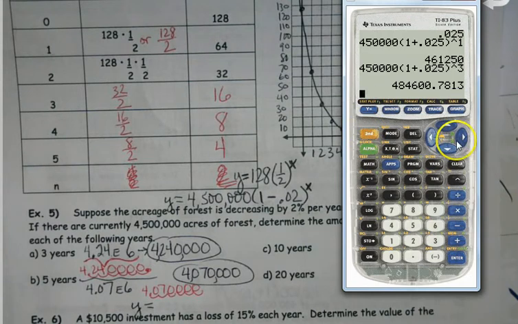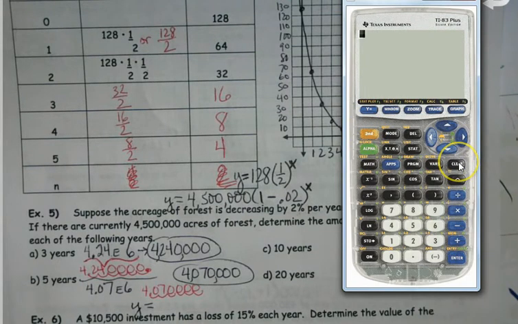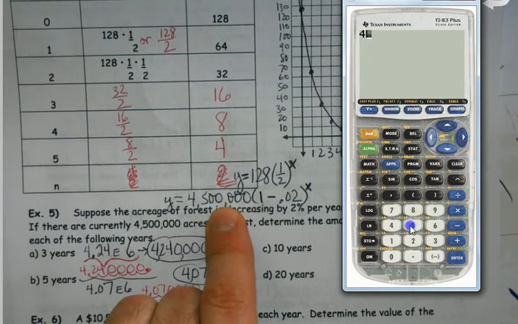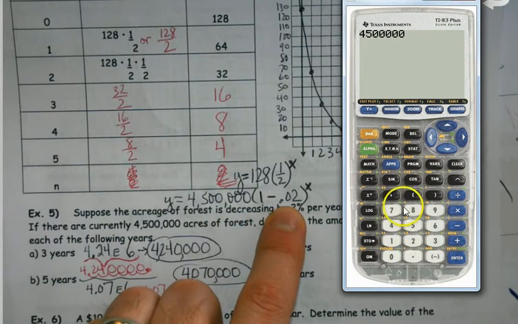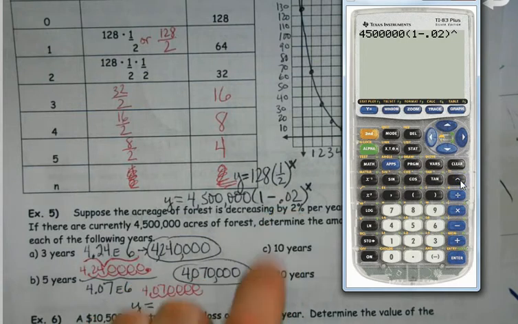Okay, if I get back to the regular calculator, I can, just like we did before, type in my number, type in what I have in the parentheses, but instead of doing to the X, I do to the number of years. So let's say we're doing C and we want it for 10 years.